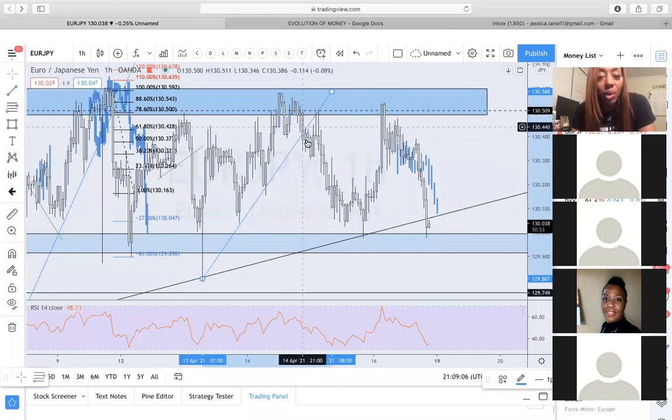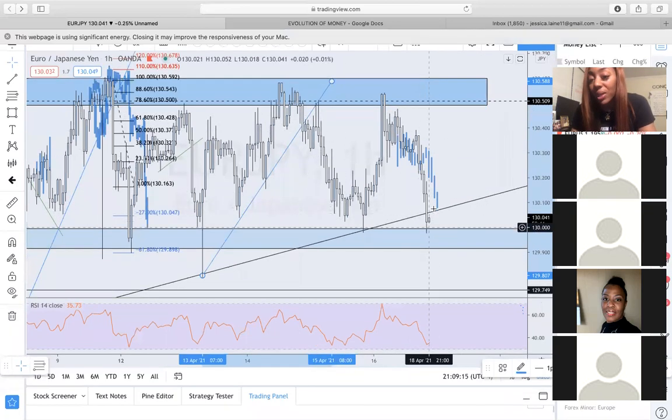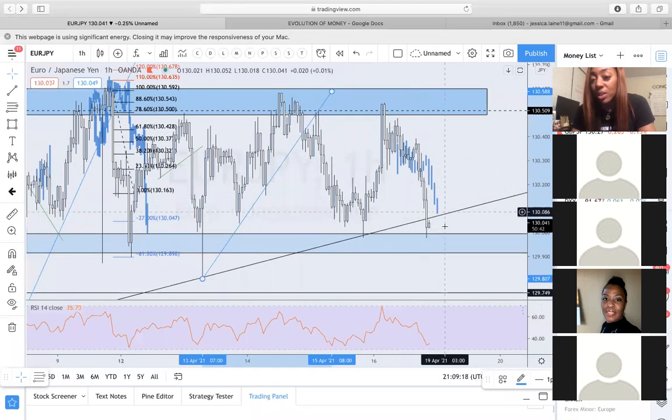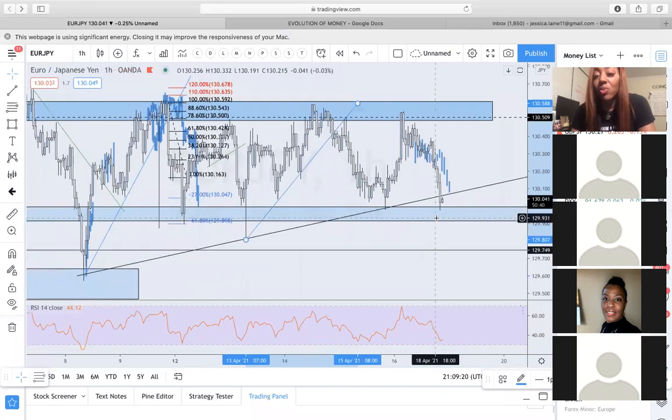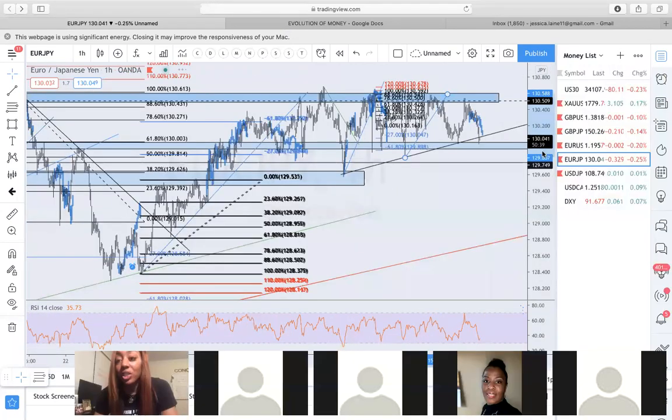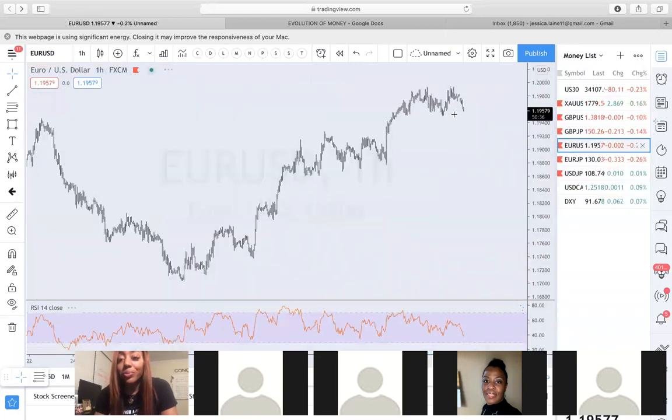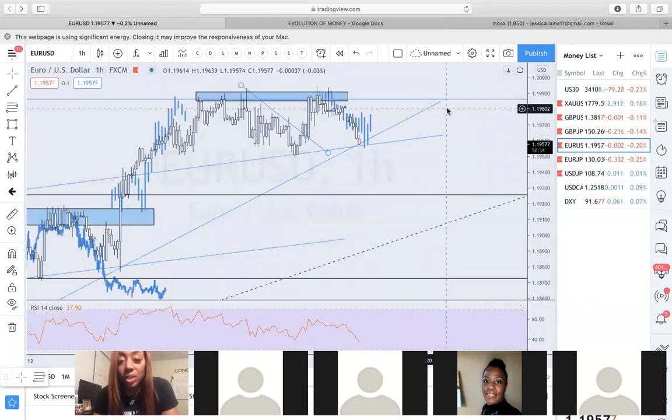So this is gonna, I mean, this is the 1 hour, so it'll probably be a couple of hours. It'll actually probably be up until London session where you'll have a couple candles forming up and down right here on this space, right here. But make sure you have confirmation for your actual trade. Right here, this is basically doing the same thing.